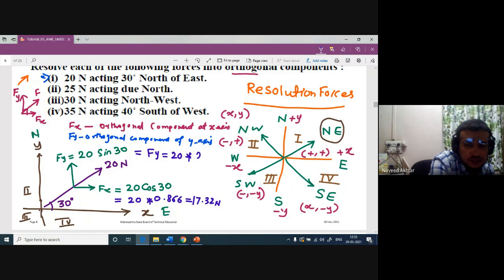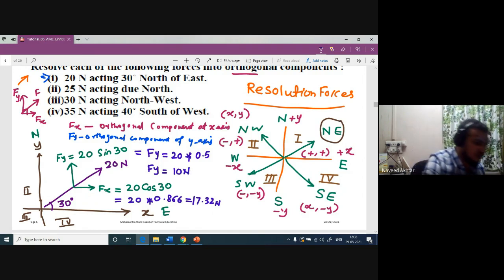When we multiply 0.5 with 20, the value of Fy will be 10 Newton.